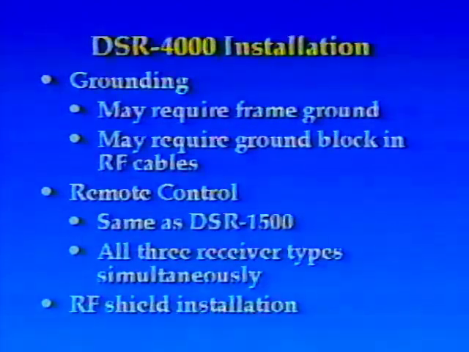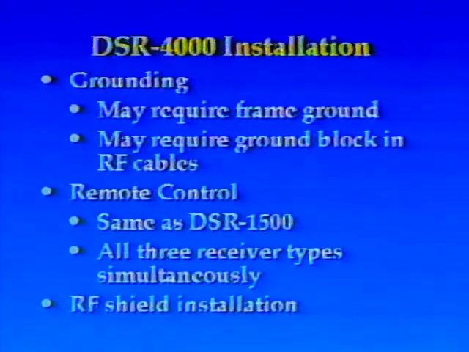Now, the next item, the RF shield installation. This is something that we talked about in the previous teleconference. There is a technical bulletin about this posted on First Class in Engineering Plus. The situation has cropped up in a couple of installations. What happens is if you operate broadcast auxiliary equipment in the 450 megahertz to 500 megahertz range, and that does include a very widely used broadcast auxiliary set of frequencies, you may have a problem with destructive interference to your IRDs.